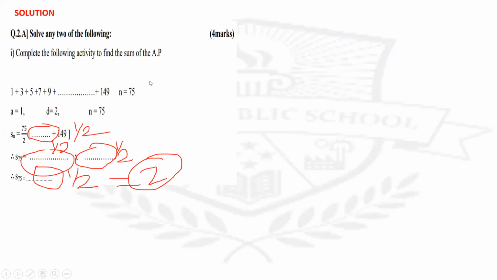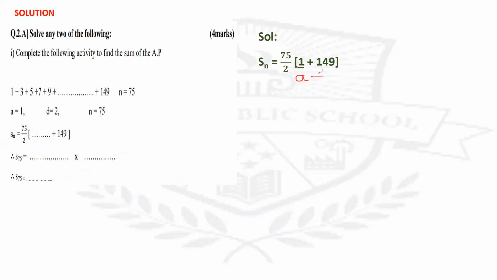Now, when you write the solution, we start from the first blank here. Sn equals 75 upon 2, then this blank plus 149. Now 149 is your Tn, the last term. So then there is one formula of Sn: T1 plus Tn, or instead of T1, you write it as A plus Tn.